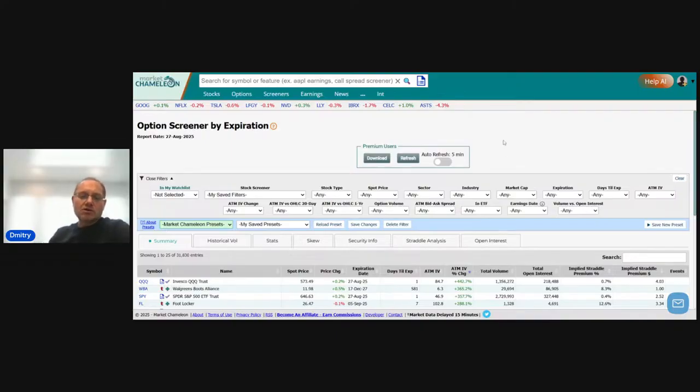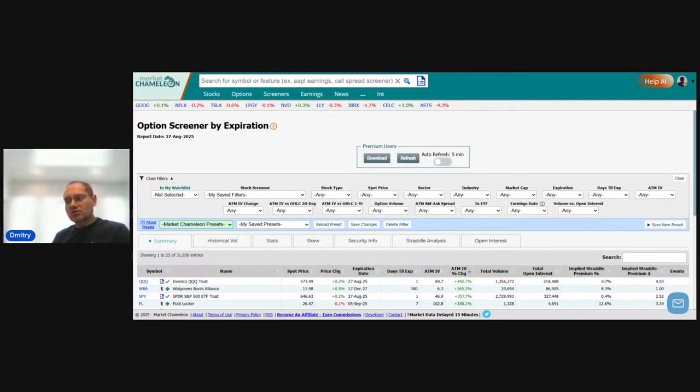So today what we're going to do is look for the implied volatility by a specific expiration, and specifically we're going to try to screen out where the implied volatility seems that it's currently below the stock's historical realized volatility.